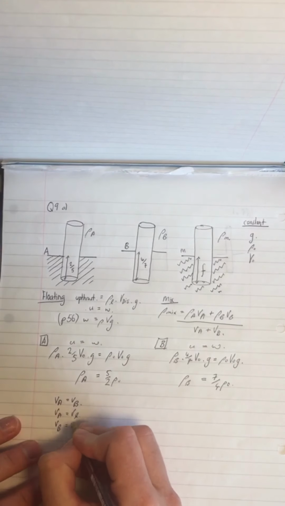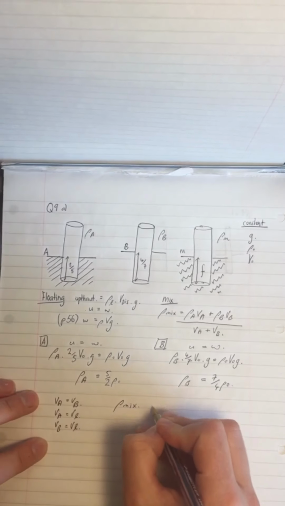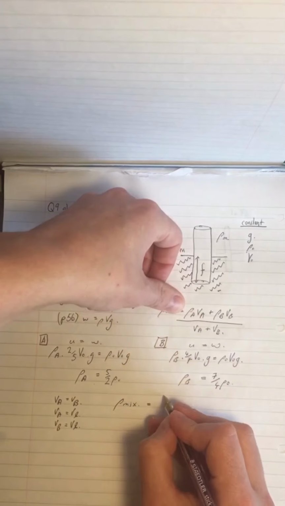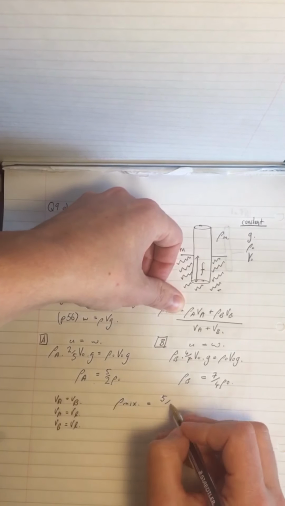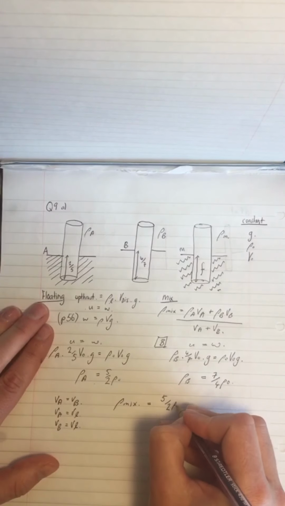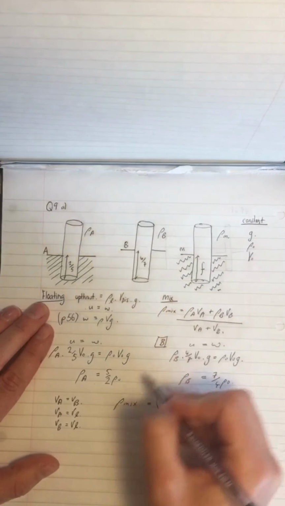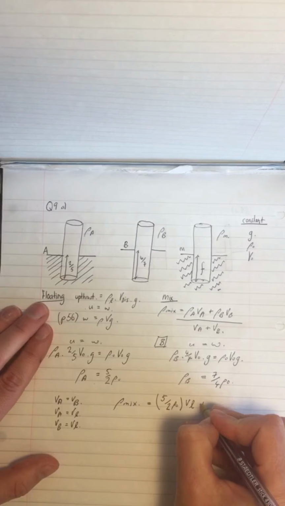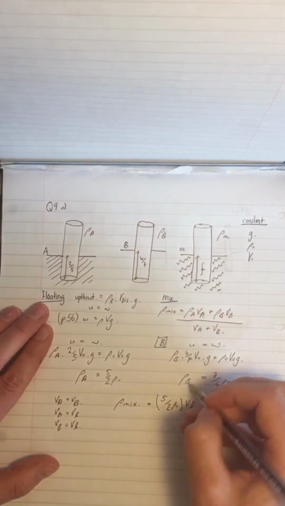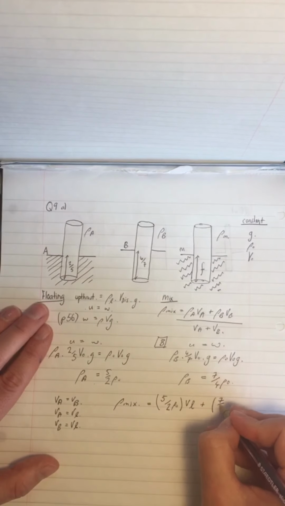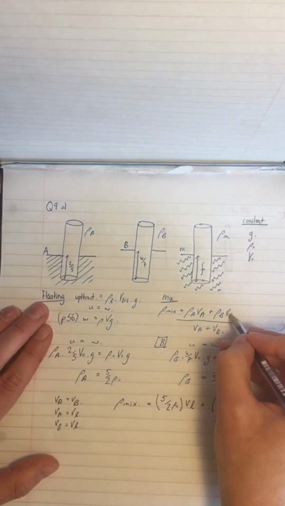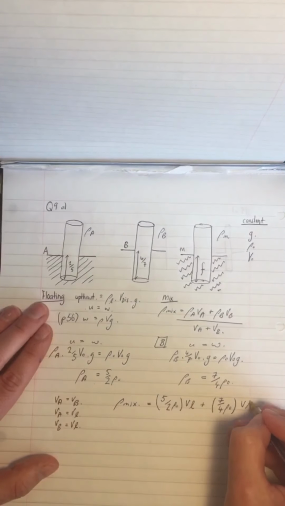Now I'll show you when we put it into the equation. So I'm going to input our value for rho A here, 5/2 density of the object, multiplied by VA, which we call VL, plus rho B, which is the density of liquid B, multiplied by volume B, which we said was equal to VL.